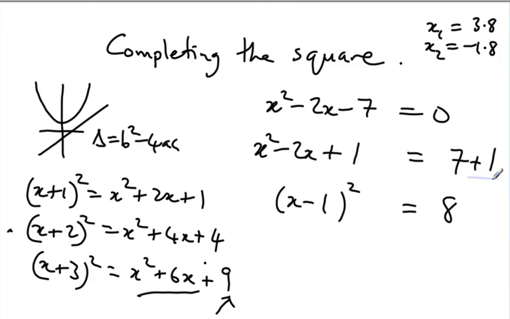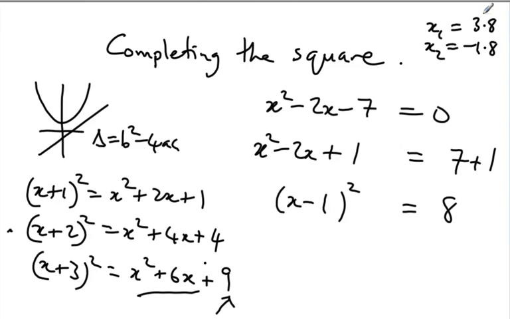Now this is something squared equals 8. If it was x squared equals 4, what are the two answers? 2 and minus 2. This is something squared equals 8. So what are the two answers? I added 1 to this side, so I added 1 to that side.